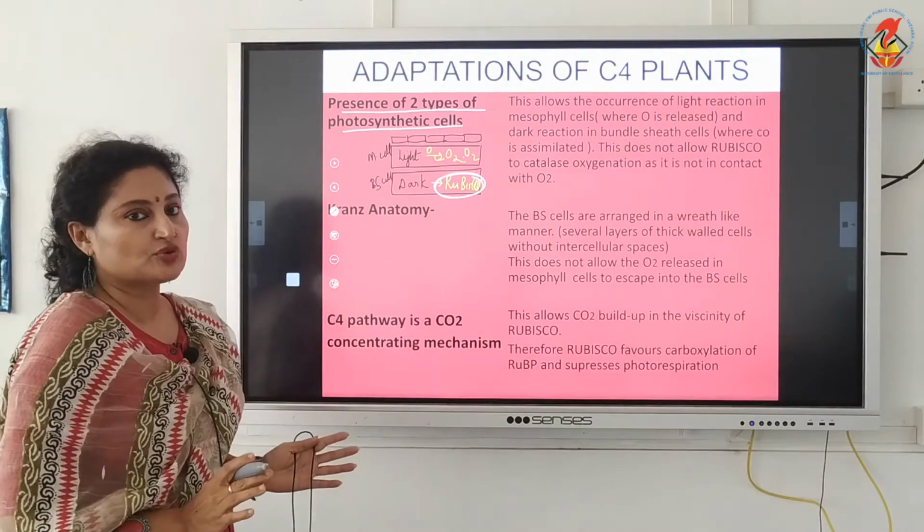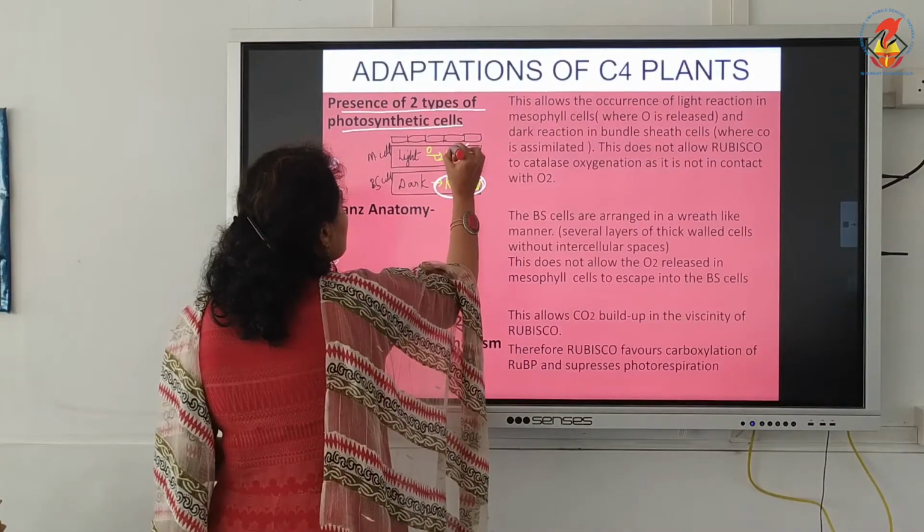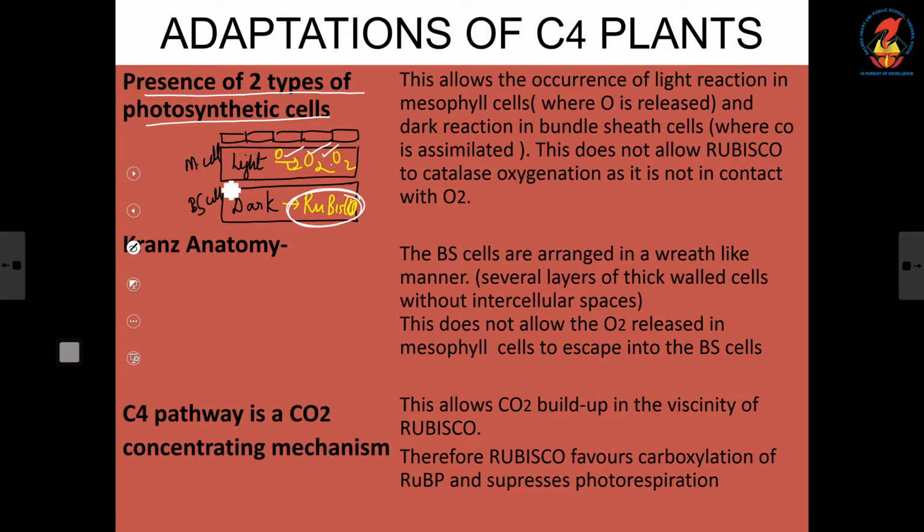No chance of Rubisco to come in contact with oxygen, because oxygen emission is taking place in a totally different cell, that is the mesophyll cell, because light reaction is occurring in the mesophyll cell and dark reaction, that is our C3 pathway, is occurring in the bundle sheath cell where our Rubisco is present.